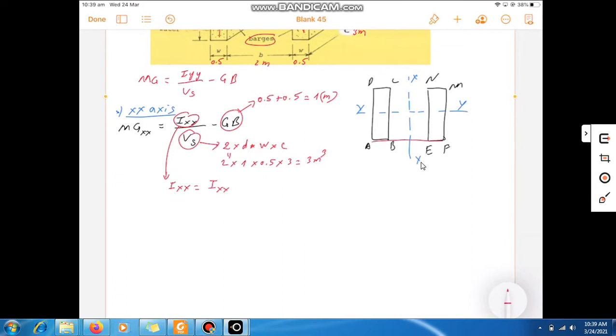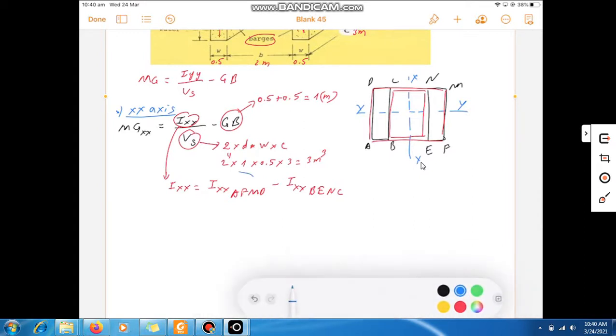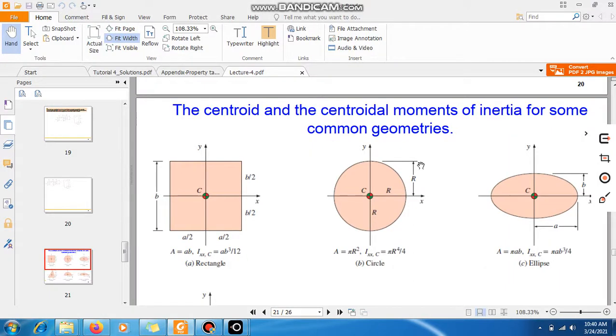Okay, so in this case, we can't use Ix of A, B, C, D plus Ix of E, F, M, N. We have to use Ix equal to Ix of A, F, M, D, the big one, minus Ix of B, E, and C. This means the big area minus the smaller area.